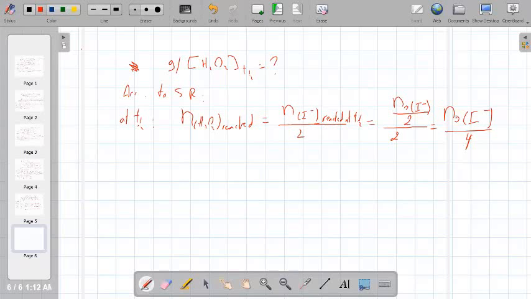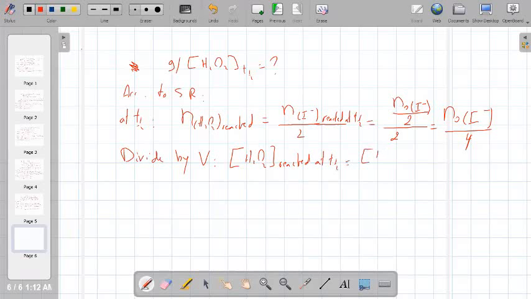Then n H2O2 reacted equals n0 I minus over 4. But dividing by V, we obtain the concentration of H2O2 reacted at T-half equals the concentration of I minus over 4. Okay?